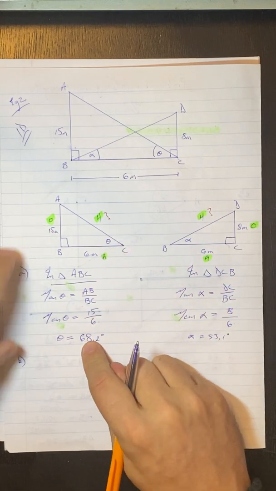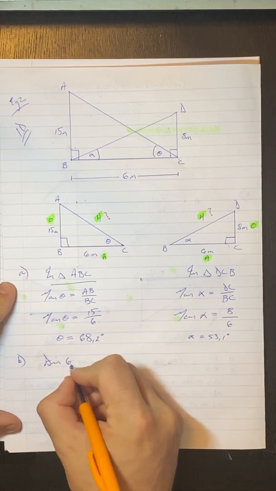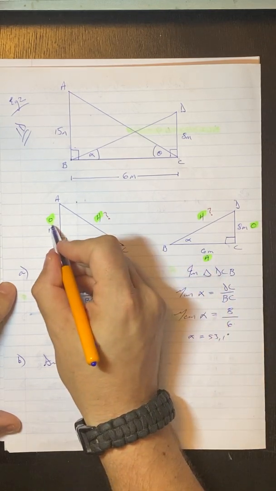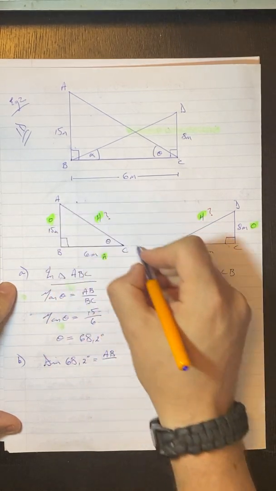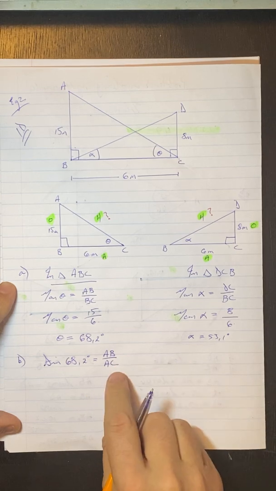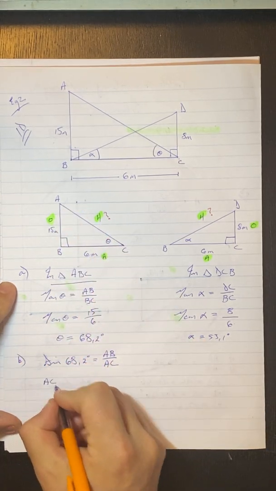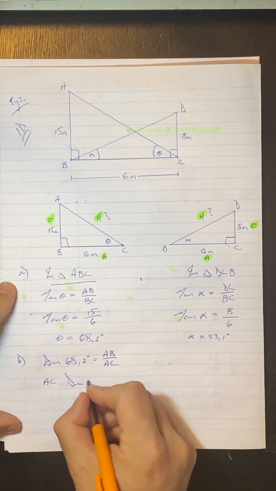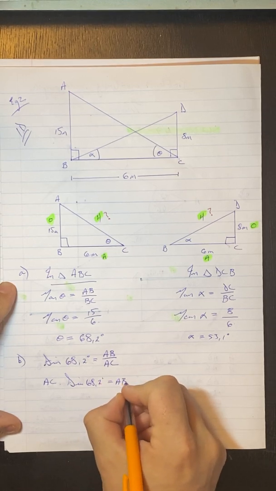We know what that angle is. So we know that sine 68.2 will be equal to AB over AC. Remember, we want to find the AC, so I'm going to get that on its own. So it's AC multiplied up by the AC times sine 68.2 equals AB.